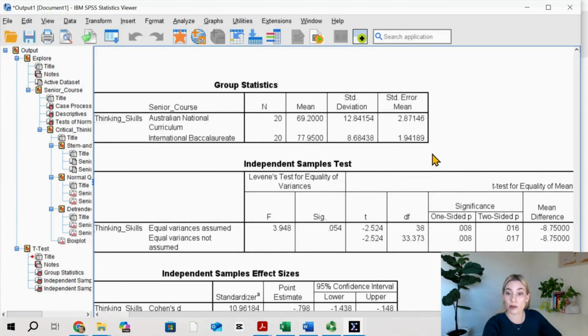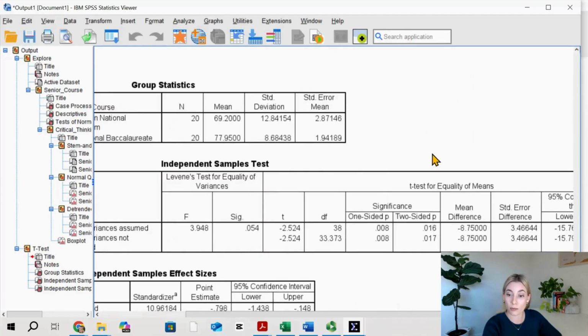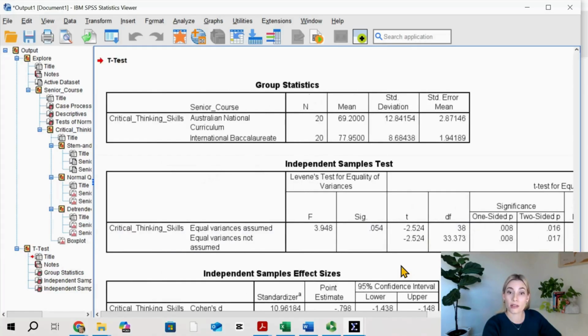So we move down to our independent samples t-test table. Here we look at our two-sided p-value, significance value, and we see that that is below the threshold of 0.05. In other words, we do have a significant difference in critical thinking skills between those in the Australian National Curriculum Program and those in the International Baccalaureate Program.